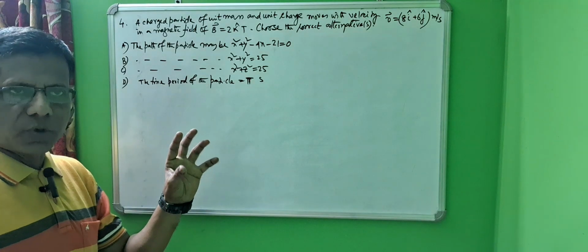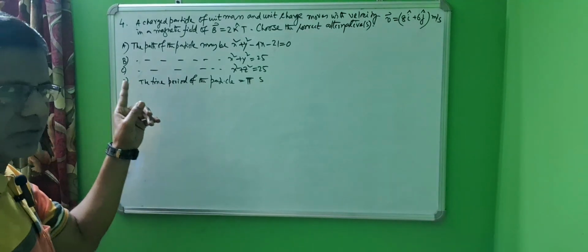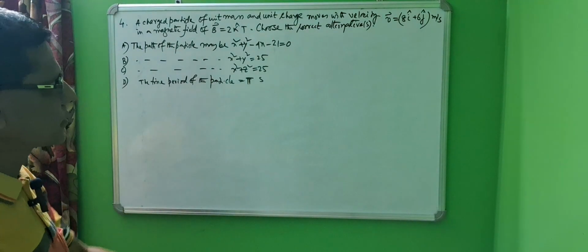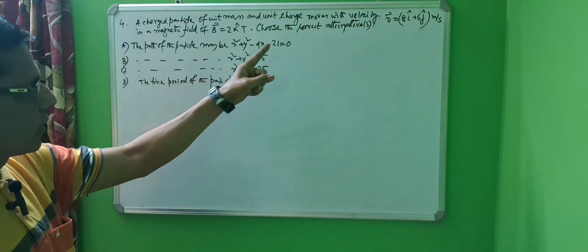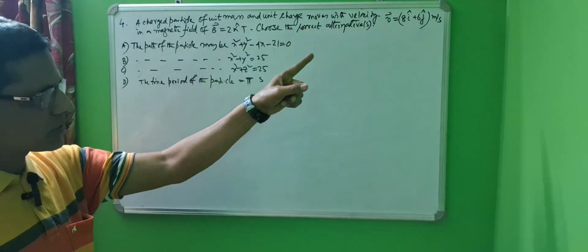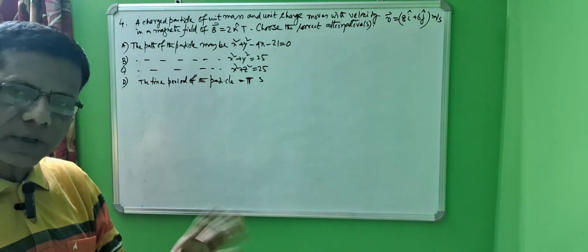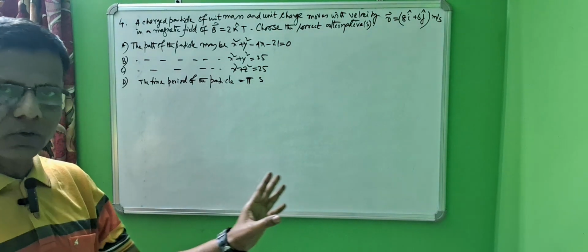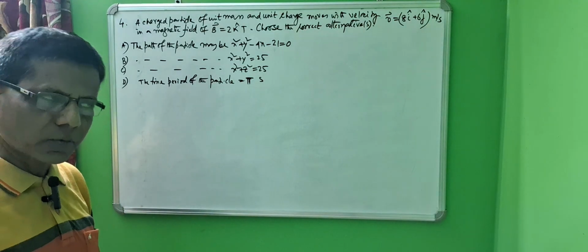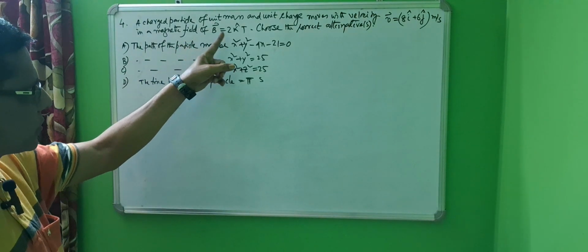A very interesting problem. Here is a charged particle of unit mass and unit charge moves with velocity v equals 8i plus 6j, where i and j we know well, the unit vector along the x axis and the unit vector along the y axis, in a magnetic field of B equals 2kt.